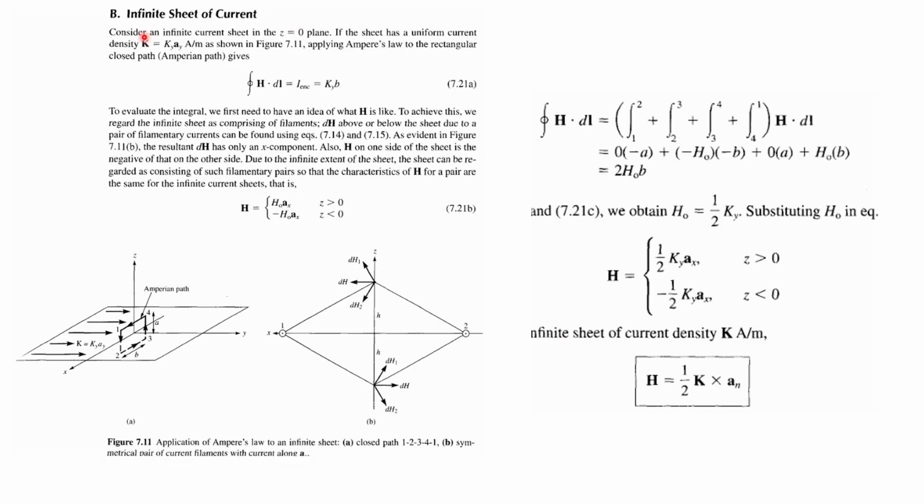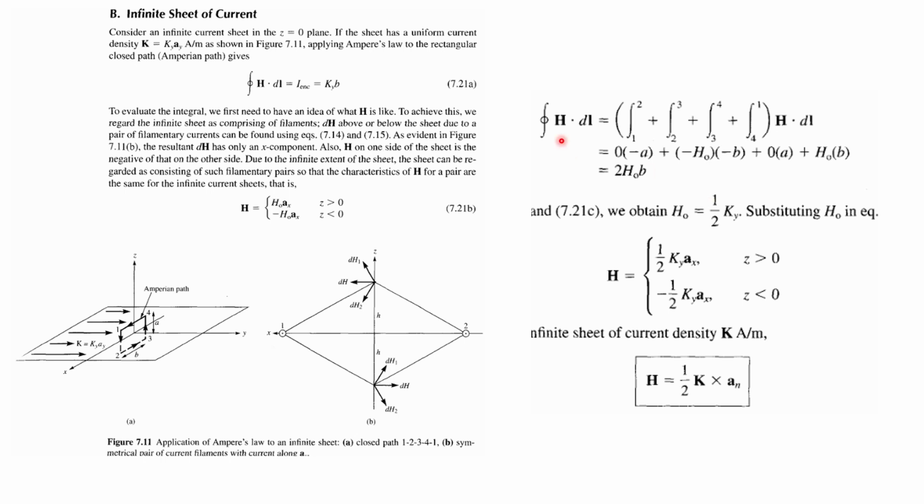Similarly, for an infinite sheet of current, suppose this is the infinite sheet and the current is passing in this horizontal manner, and the Ampere path is vertical. Now there is a component dH, in x and y directions. Our objective is to find the total ∮H·dl, which is equal to I enclosed.